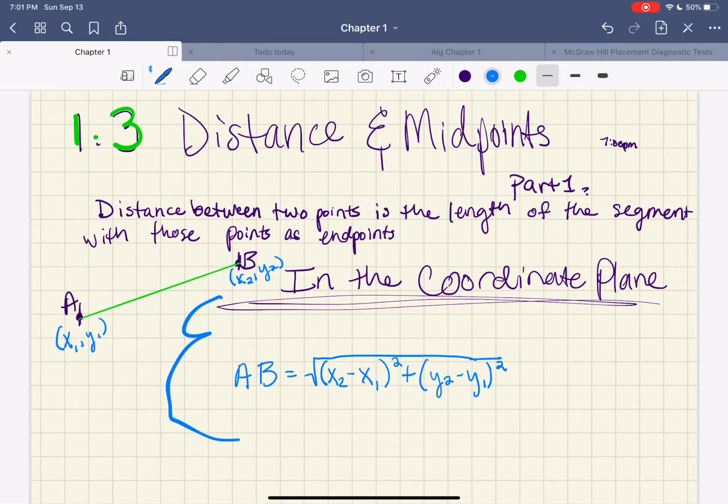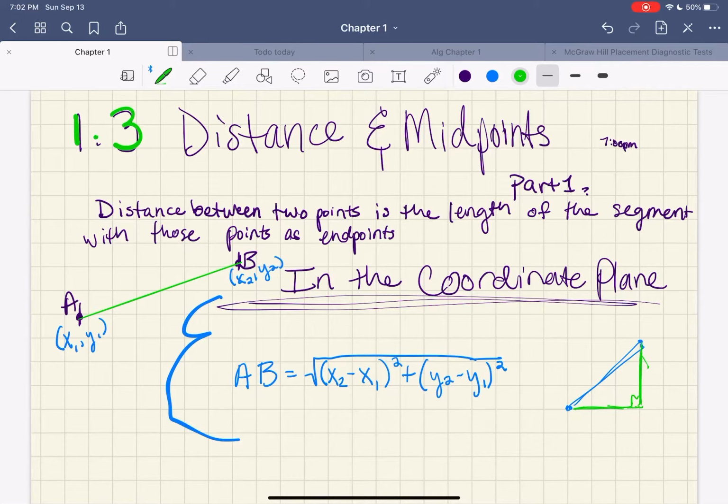There is a pretty cool picture that your book has that maybe I'll draw in class. It talks about how you've got the line that you're measuring distance, and the creation of the distance formula and how it is related to the right triangle.